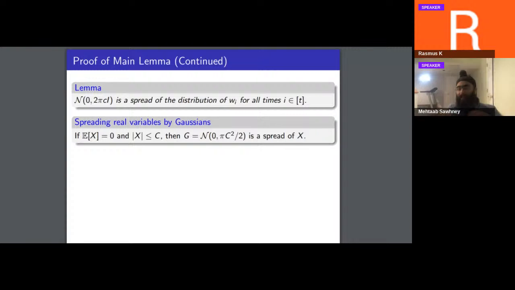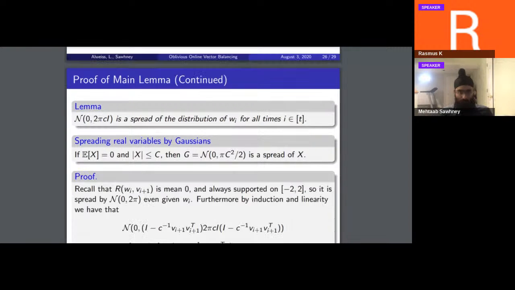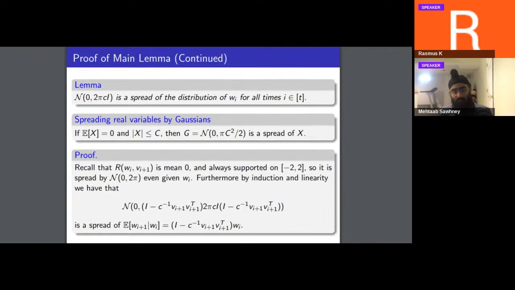And the Gaussian here is the smallest; you need a Gaussian of variance c squared to spread this initial point. Because you can show that if y spreads a random variable x, then the variance of y is higher than the variance of x. And there's this extra factor of pi over 2, but it's not so important. We can pay for that in our analysis.